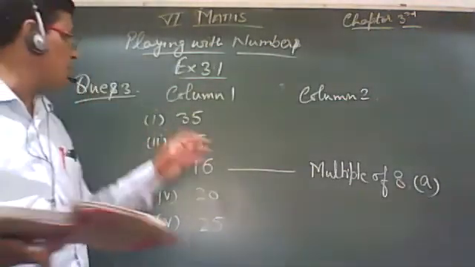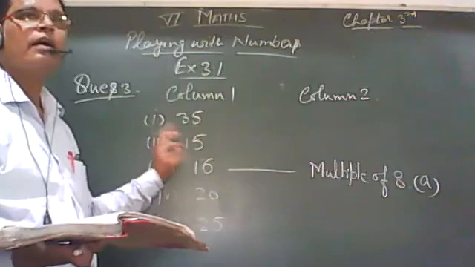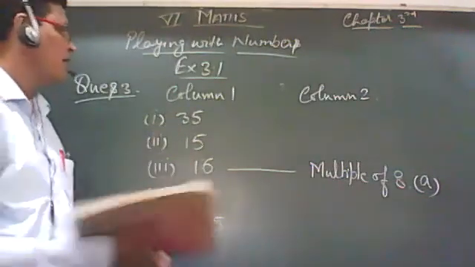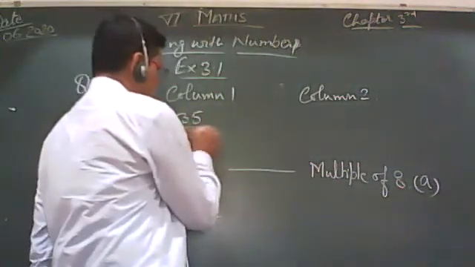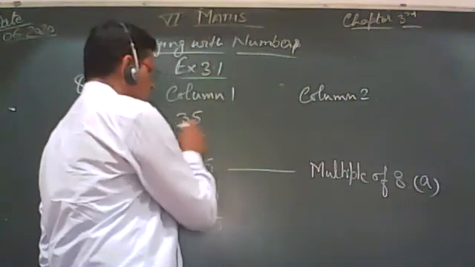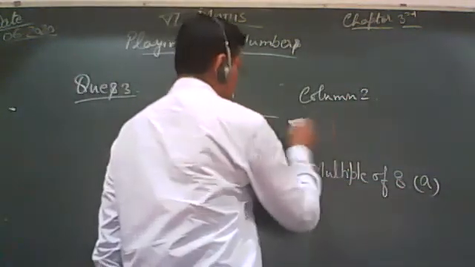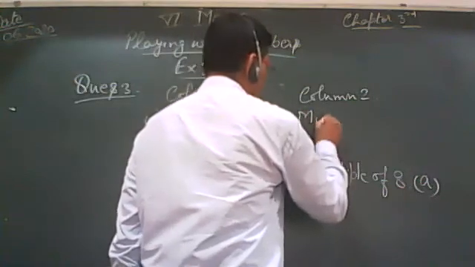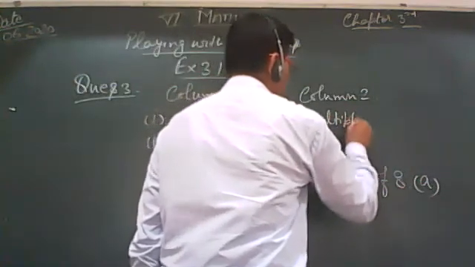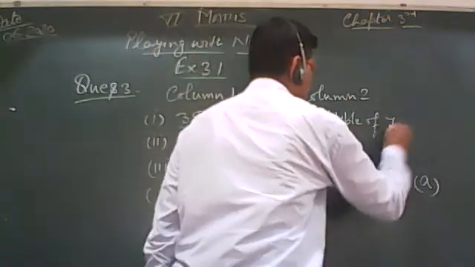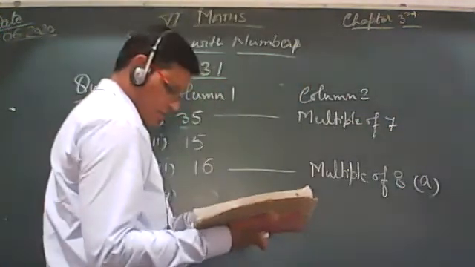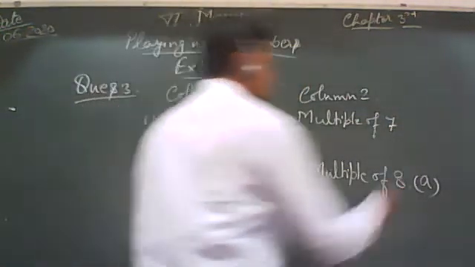Which number is the multiple of 7? 35. The first number of column 1, 35, is the multiple of 7. Similarly, you write multiple of 7. And this is the B part.